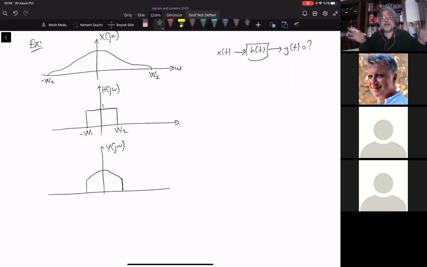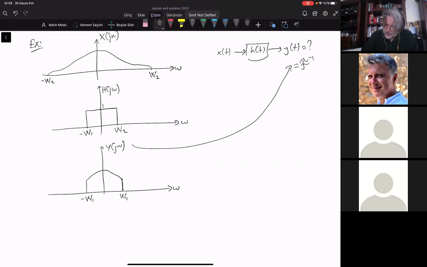So it is cutting the overshooting parts: from minus W1 to W1 is retained, and anything beyond W1 is gone. So y of j omega is this, and y of t is equal to the inverse Fourier transform of y of j omega. If it is a known mathematical expression, you can just take the inverse Fourier transform. Otherwise, you can just leave it as it is.